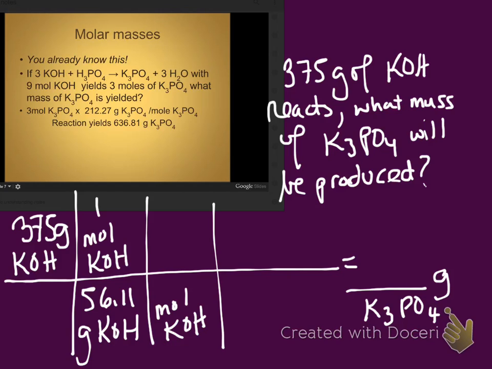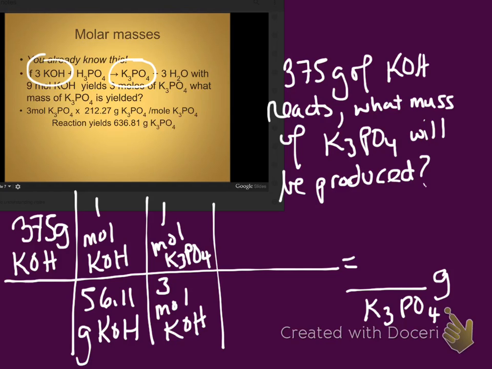So we know that we need to look for a mole ratio between potassium hydroxide and potassium phosphate. So for the mole ratio, we go back to the problem. We have 3 moles of potassium hydroxide for every 1 mole of potassium phosphate.